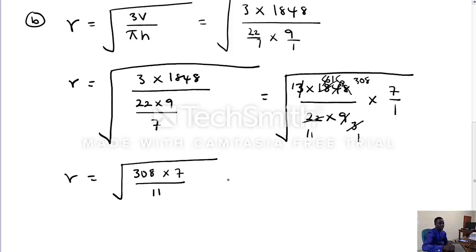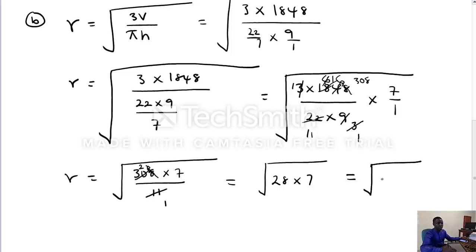Yes, 11 can go. So 11 into itself is 1. 11 into 30 is 2 times, remainder 8. This becomes 88. 11 into 88 is 8 times, leaving us with square root of 28 times 7, which will give us square root of 196.